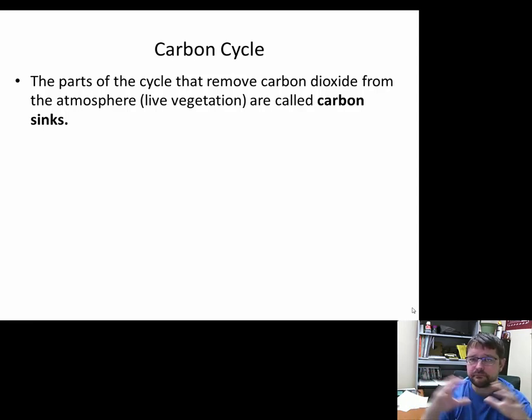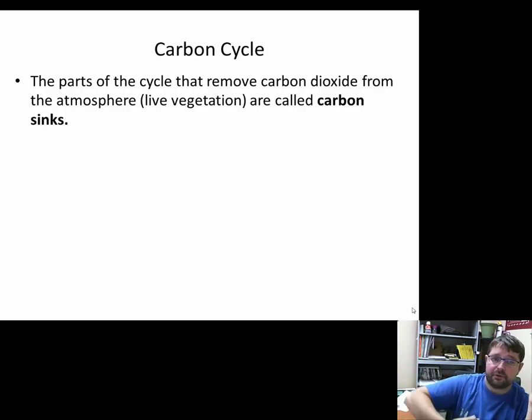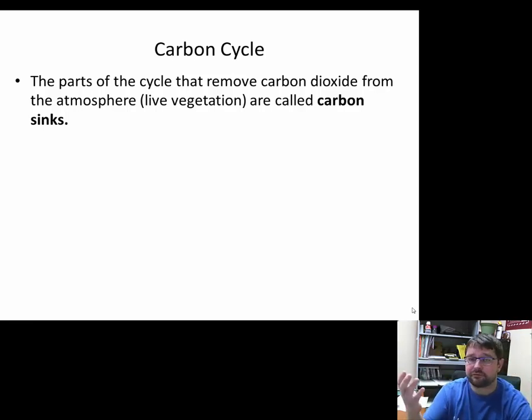But this carbon dioxide is becoming what we call a carbon sink. It's bound up in living vegetation. Then, if that living vegetation dies, it can be released back into the atmosphere, and it often is. But sometimes that living vegetation dies and it's buried, and so the carbon doesn't get to release back into the atmosphere.